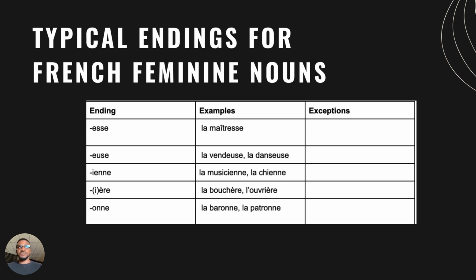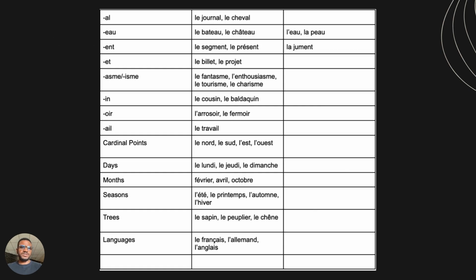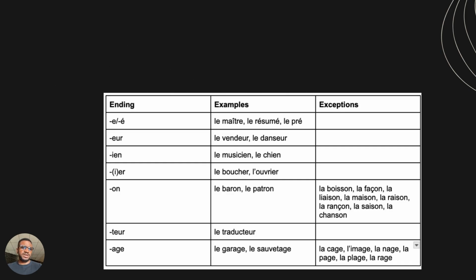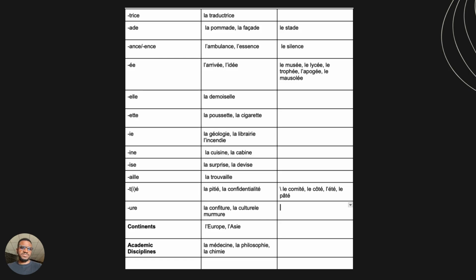But the most effective way is to go through the list of the endings so that you know in case of those exceptions. So you have la maîtresse, la vendeuse, la danseuse, la musicienne, la chienne. Because if you go back to the masculine ones, there are a couple of them that actually end in an E. But these are feminine ones.